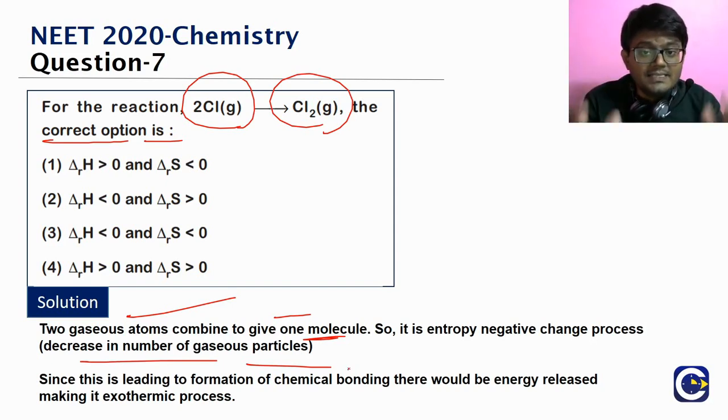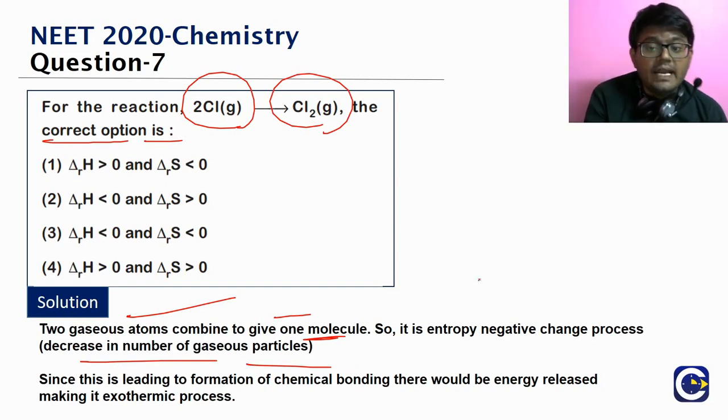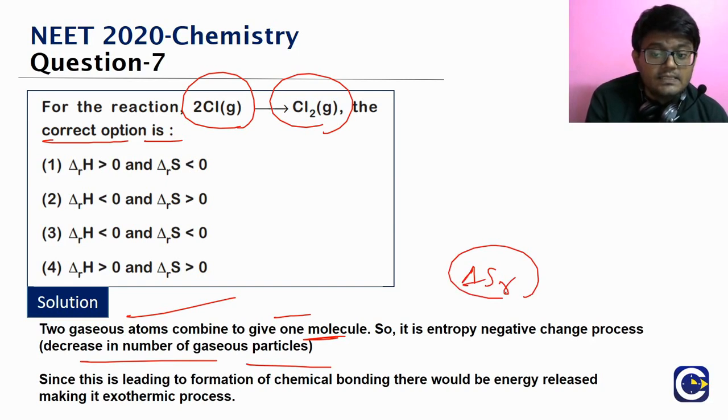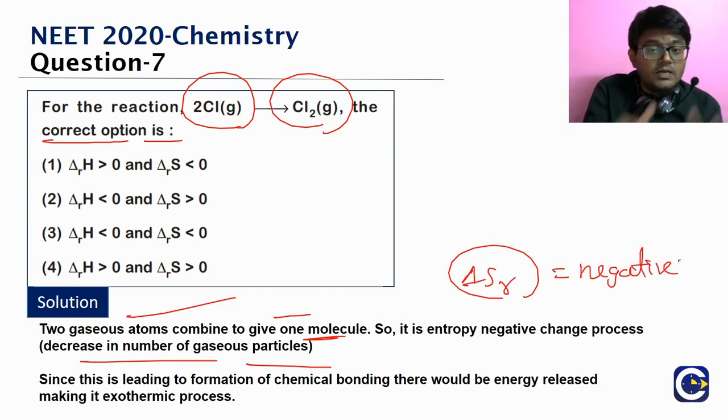Since there is a decrease, the final entropy is less. Entropy change means final entropy minus initial entropy, so the entropy change, delta S, is going to be negative. Now let us talk about the enthalpy change part.